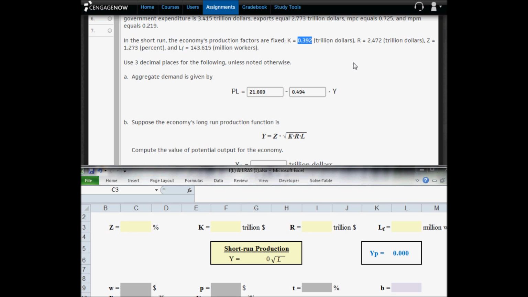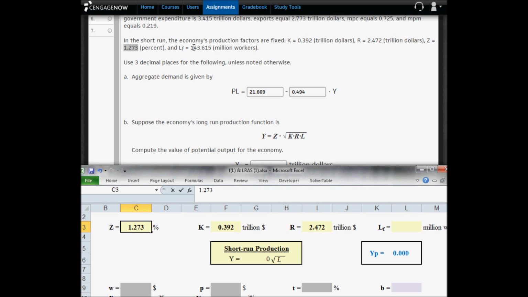Capital is $0.0392 trillion. Resources total $2.472 trillion. The percent of knowledge known on Earth that is available in the universe, or technology, is 1.273%.